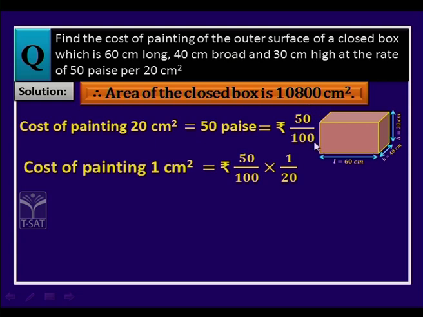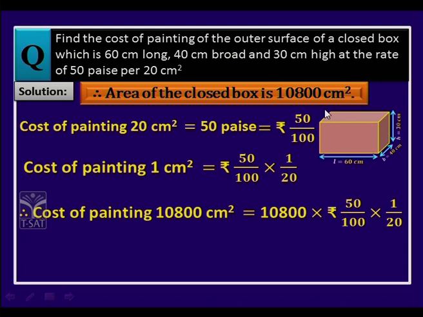This entire thing divided by 20. Dividing by 20 is nothing but multiplying with its multiplicative inverse, which is 1 by 20. Now, this is the cost per 1 centimeter square, but how many centimeter square do we have to paint? 10,800. Therefore, the cost of painting 10,800 centimeter square is 10,800 into this cost.